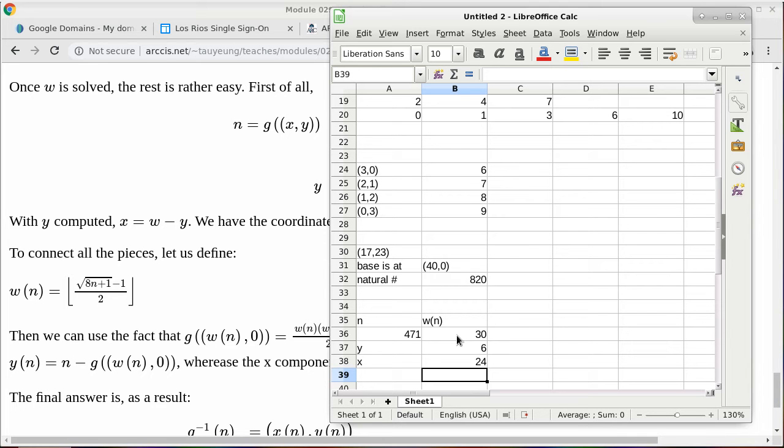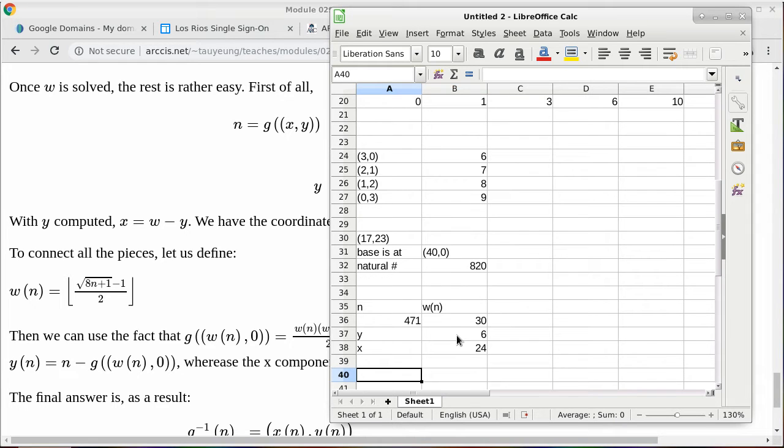Well, how do we know whether that's right or not? Does anyone want to draw the whole thing out and check whether the coordinate at 24, 6 actually is 471? I have the large whiteboard. Yep, we just apply G. So we will separately apply G to this whole thing.